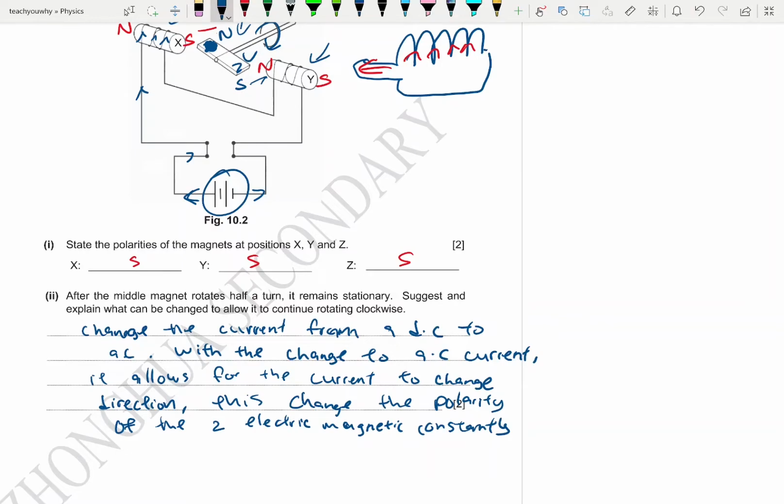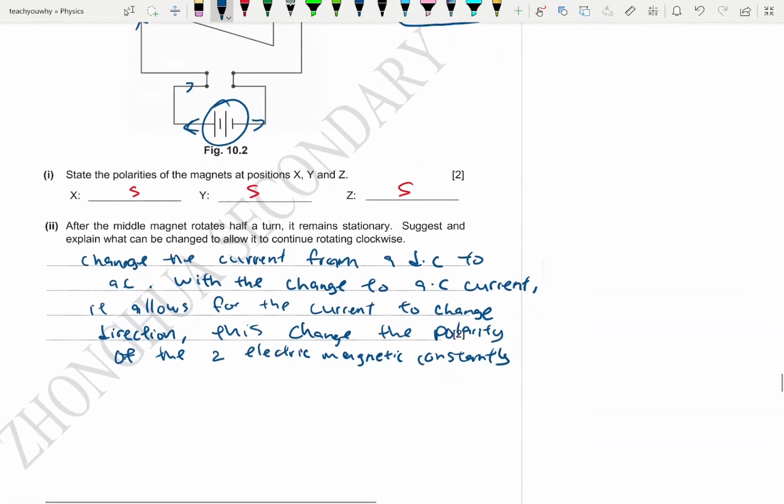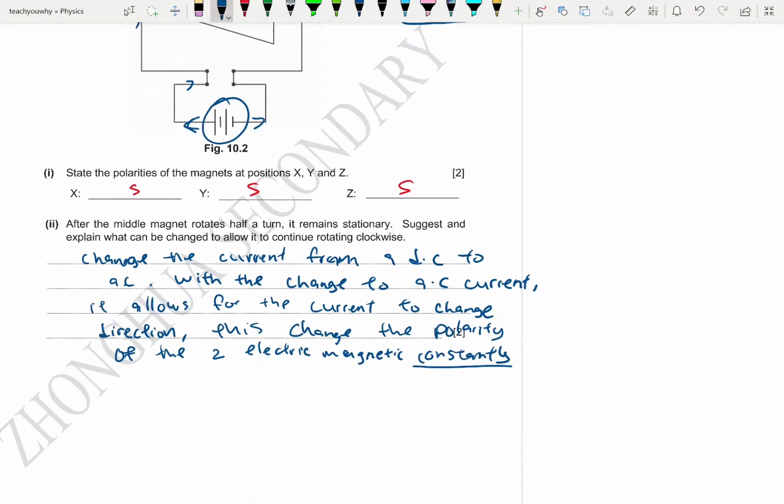Keyword is constantly, because AC current keeps changing its direction, so you need to mention constantly, hence allowing the magnet to continue to rotate clockwise.